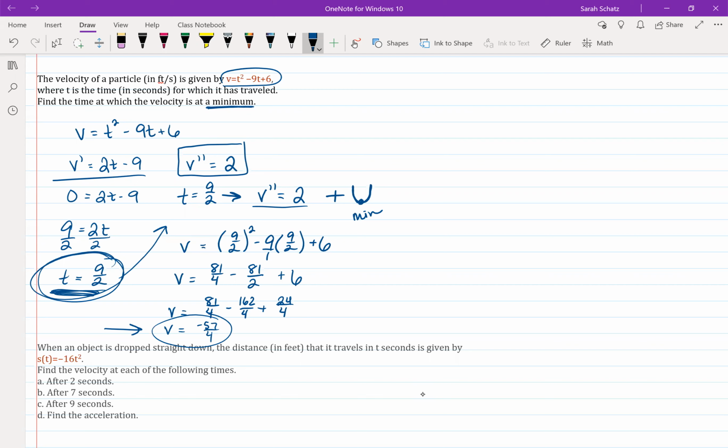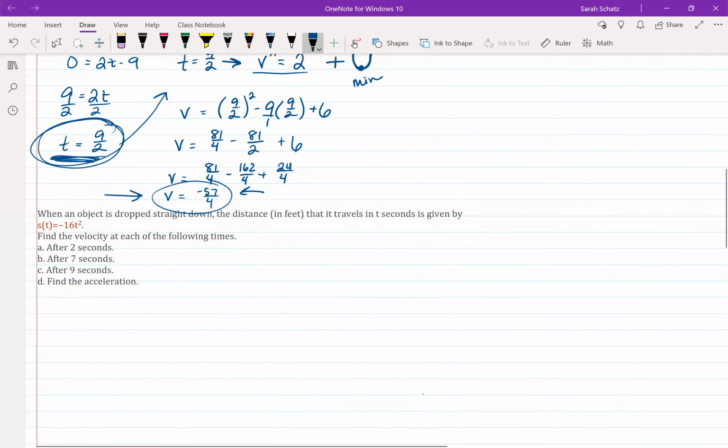Could you be at a negative speed? I mean, I guess as long as we didn't do anything wrong, it's fine. It might just be a problem that doesn't actually make sense in the real world. It's like when you're going in reverse. Yeah, okay. I guess maybe we're going in reverse. Interesting. Oh, well. Well, we got it. You guys, we're going in reverse.